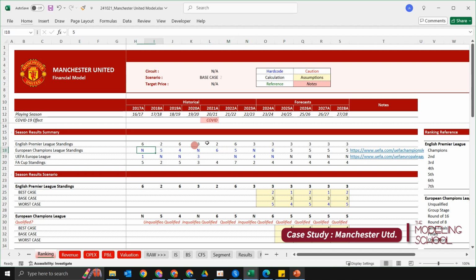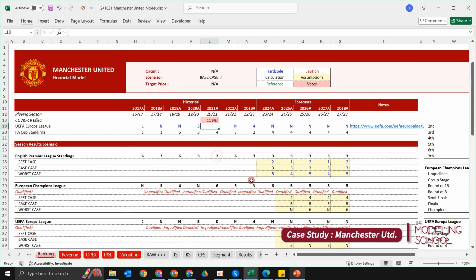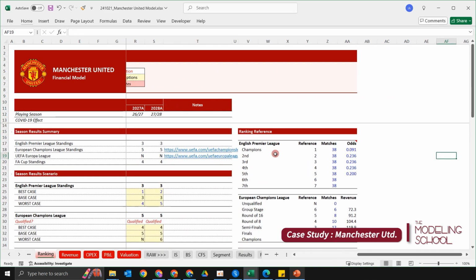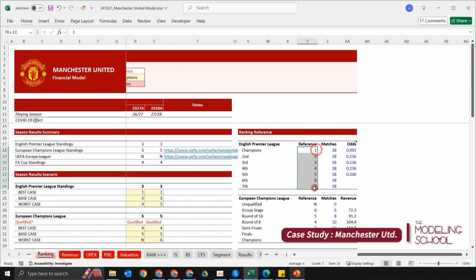But in the years that they haven't qualified to the European Champions League, we've put just a simple N sign to indicate that they haven't competed in that competition. So we have a reference for those numbers, which matches to which.